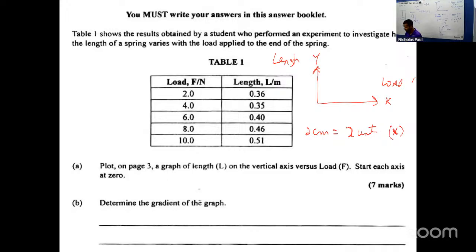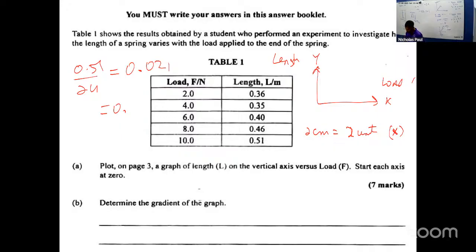What about on the y-axis? How many blocks do you have on the y-axis? 24 blocks, and the largest value is 0.51. 0.51 divided by 24 is how much? 0.021, so we might have to go 0.025.